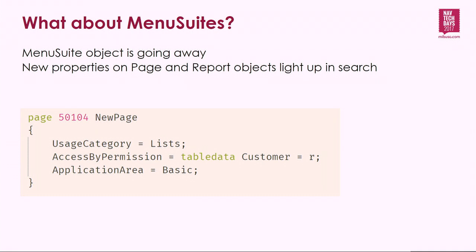And the way you do it is actually a couple of new properties that you add to the page or to the report that you want to have shown up in search. So there's a usage category already there in the corresponding menu suite item. And then there's the ability to restrict when it's seen. And then there's an application area. All those are the same properties that you found in the menu suite. By doing this and compiling the page, it will show up in search.